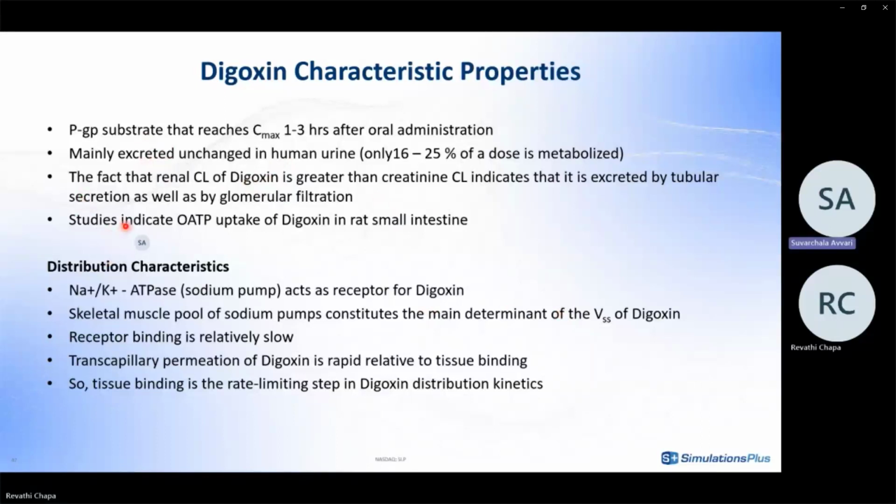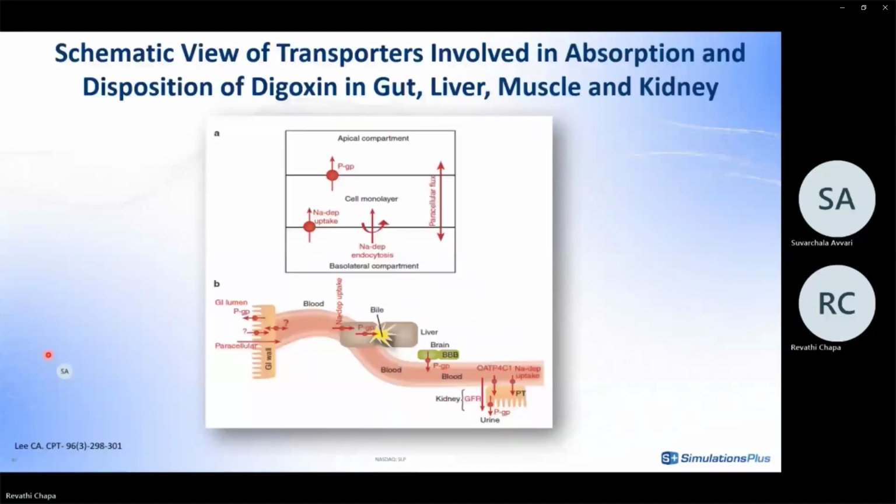The studies also indicate that digoxin is a substrate for an OATP uptake, and this study was conducted in the rat small intestine. Digoxin also binds the sodium potassium ATPase, which acts as a receptor for digoxin, and this sodium pump in skeletal muscle constitutes the main determinant for volume of distribution, and tissue binding is the rate limiting step in the digoxin distribution kinetics.